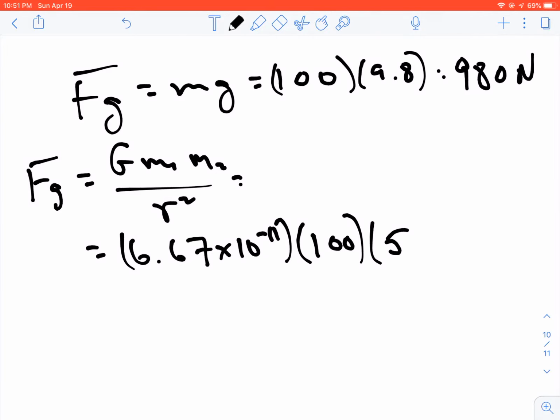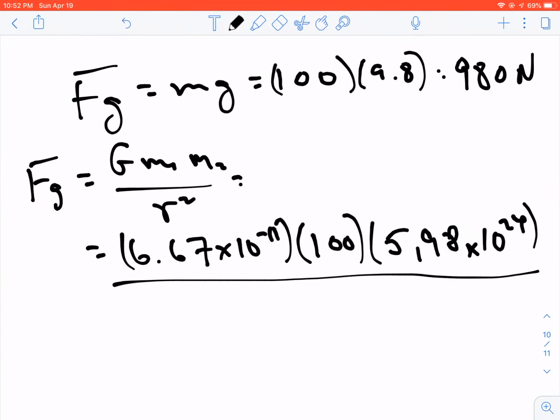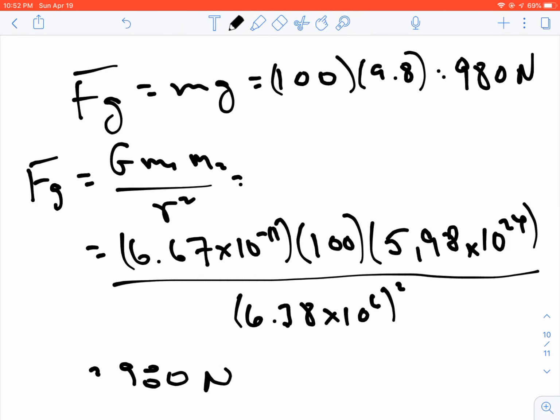M2 is the planet that's pulling me down, 5.98 times 10 to the power of 24 kilograms, all divided by the distance that I am from the center of the Earth, 6.38 times 10 to the power of 6, quantity squared, and I should get 980 newtons. Right, so which should I use?